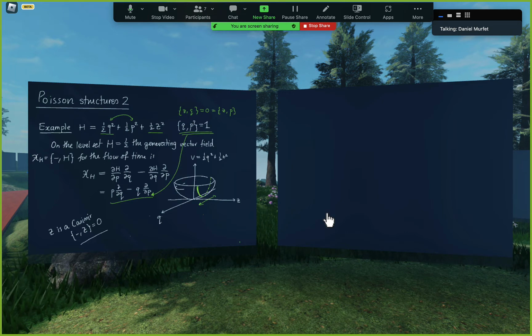Maybe it was the end, I forget, of last seminar. And that is already in this picture, sort of implicitly somehow. It's the role of z. The level sets of z in R3 in this case are what I call the symplectic leaves of the foliation. So that's the role played by Casimirs.